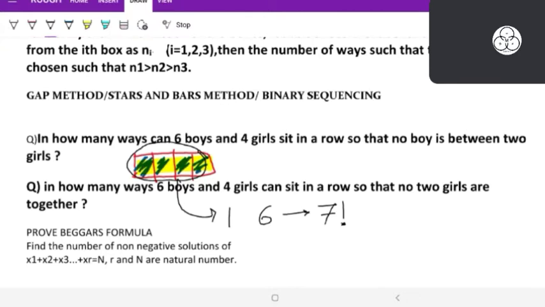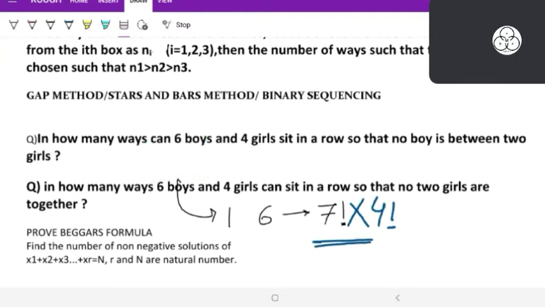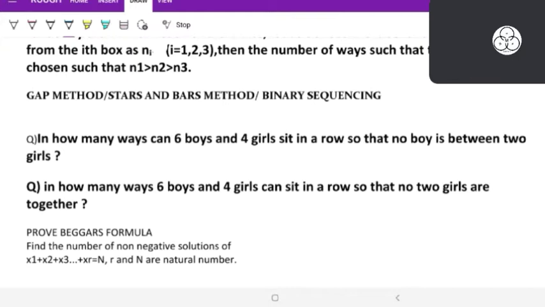But now, an interesting thing is that the girls can be arranged among themselves in 4 factorial ways. We will simply multiply this by 4 factorial, and this is our answer.